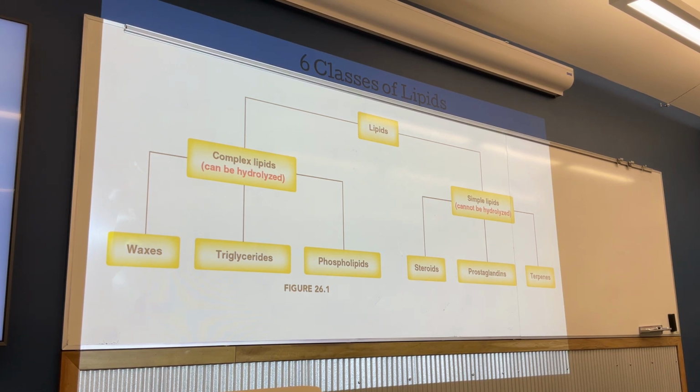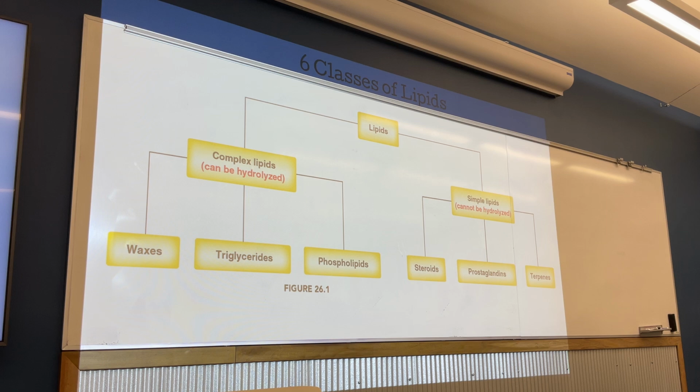Simple lipids are ones that can't be broken down into simpler components. And these are going to be things like steroids. Some steroids are proteins, but some steroids are lipids. Cholesterol is an alcohol because it ends in "-ol", right? But it's also a steroid, and it's a lipid.